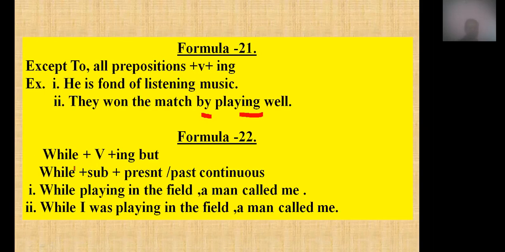If the first clause is in the present, then you will write present continuous. If the first clause is in the past tense, then you will write past continuous. It depends on your sentence. Okay, those are the rules.